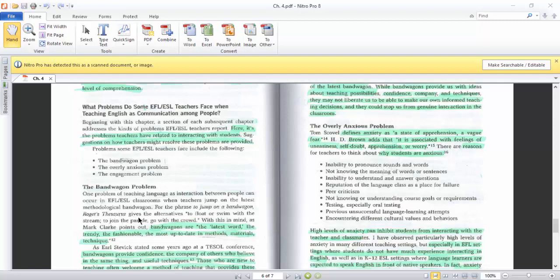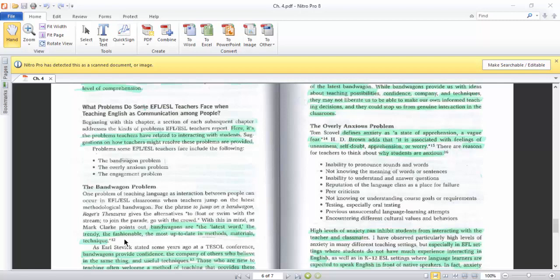Theodore gives alternatives: to float or swim with the stream, to join the bride, go with the crowd. What is the meaning of bandwagon? The meaning is the latest, the trendy, the fashionable, the most up to date in methods, materials, techniques.